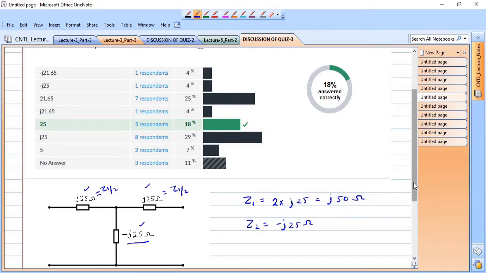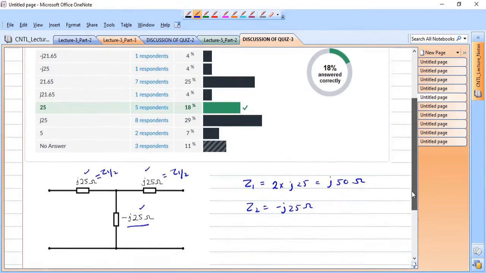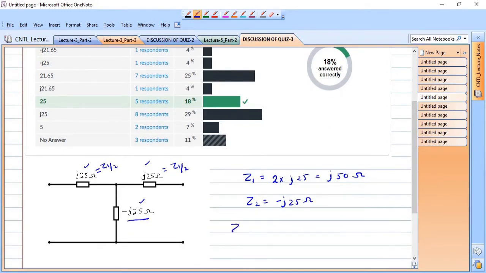Now what is the expression for our characteristic impedance? Z0T is equal to the square root of Z1 Z2 into (1 plus Z1 by 4 Z2), right?